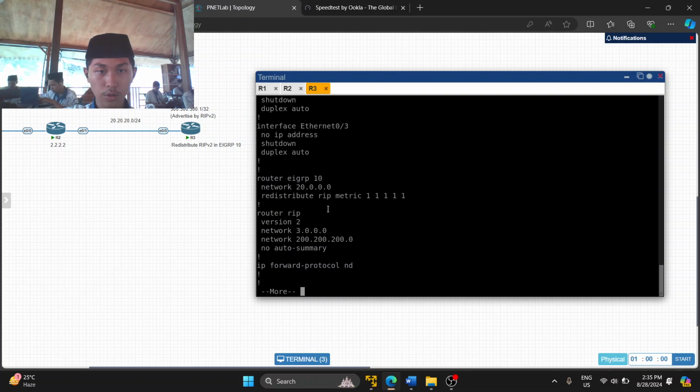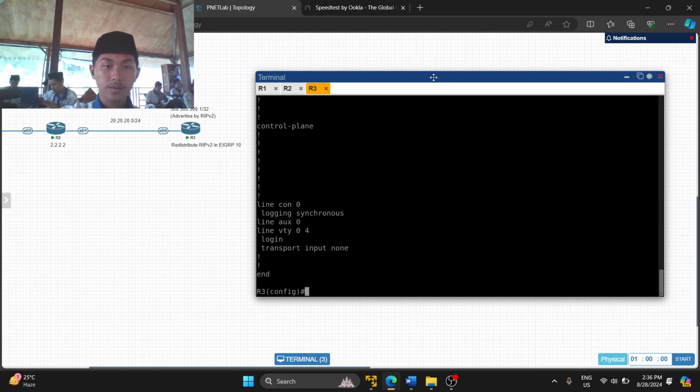And then for routing protocol, we have EIGRP. The only network advertised by EIGRP is 20.20.20.2. And then do not forget to add redistribute RIP metric 1 1 1 1 1. And then in the second routing protocol, we have RIP version 2, and then network 3.3.3.3/32, and also network 200.200.200.1/32, and then we add no auto-summary.